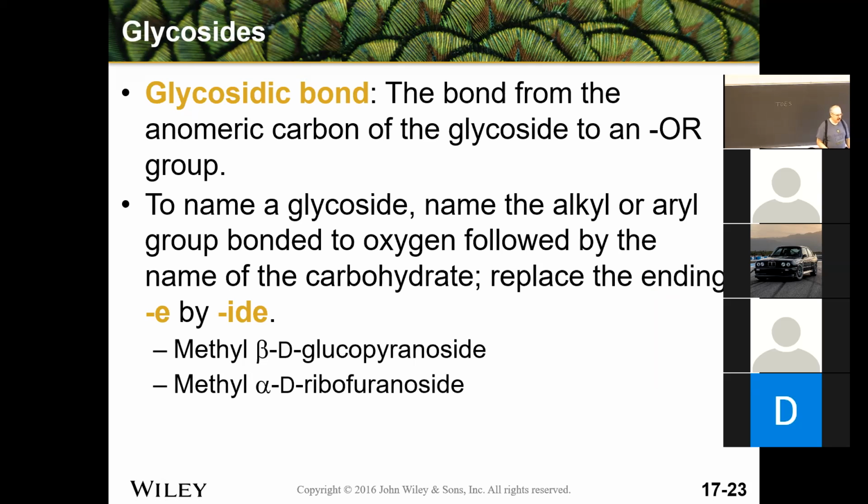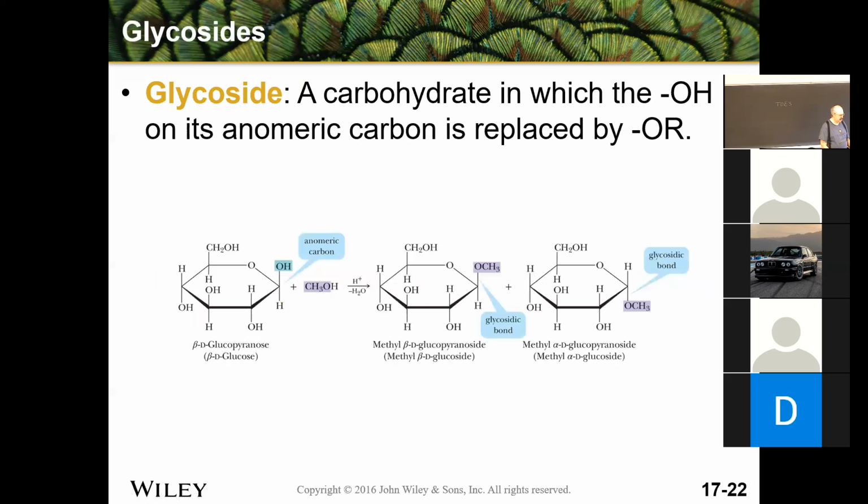To name a glycoside, we name the alkyl or aryl group bonded to the oxygen, followed by the name of the carbohydrate, and we replace the ending -e by -ide. So the structure pictured on the previous slide would be methyl beta-D-glucopyranoside and methyl alpha-D-glucopyranoside.